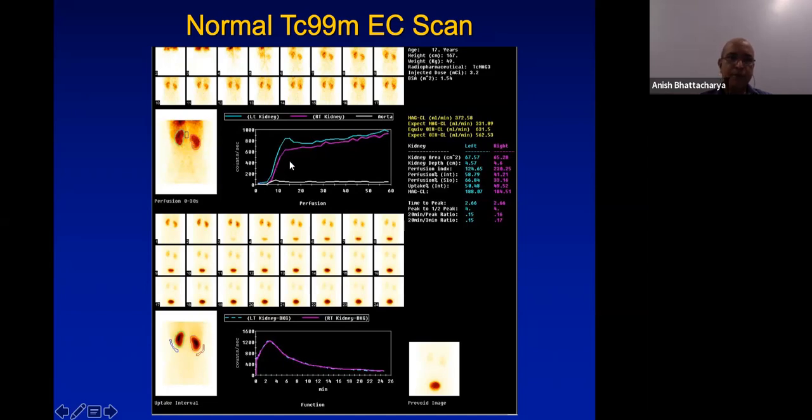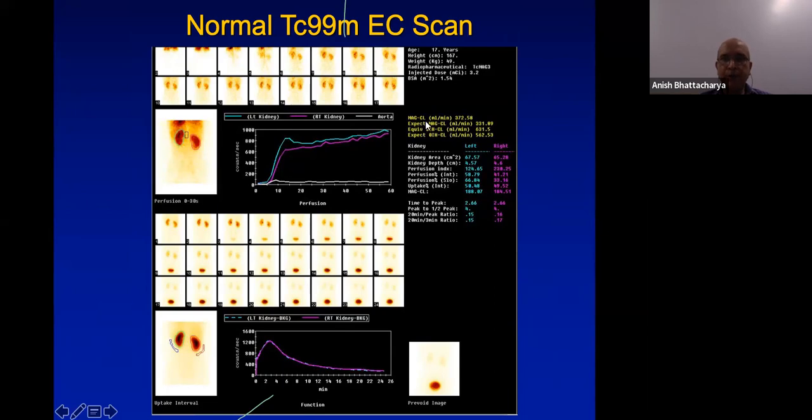Some people prefer, for the perfusion phase, to position a region of interest over the abdominal aorta. These green and red regions of interest are what you see here also, green and red. And again, the two curves are superimposed one on top of the other because the two kidneys are identical in function, and then you get this whole lot of information out here in the results column.